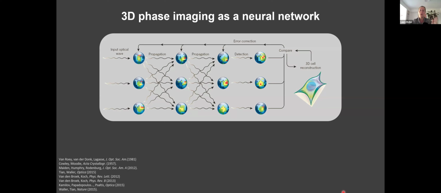I think it's a little bit tenuous to call this a neural network. It's nonlinear optimization. But a lot like neural networks, we can write this forward problem and solve for the 3D refractive index, but it's a nonlinear, non-convex algorithm. So we can't guarantee that it will always come to the correct solution.